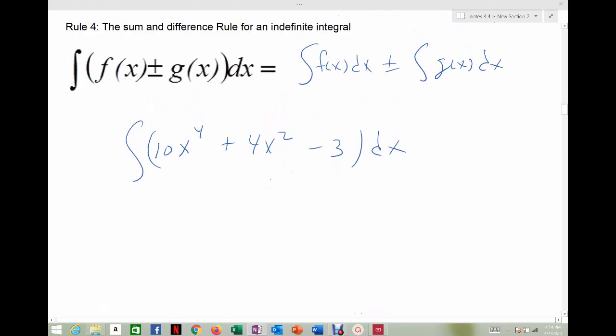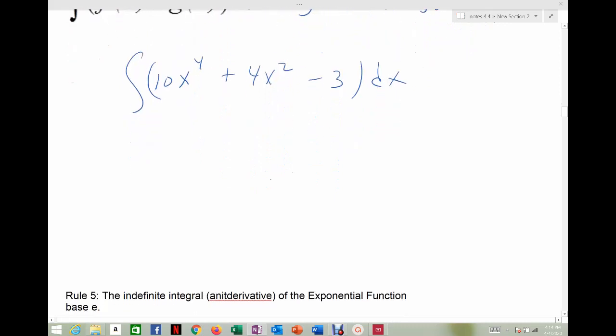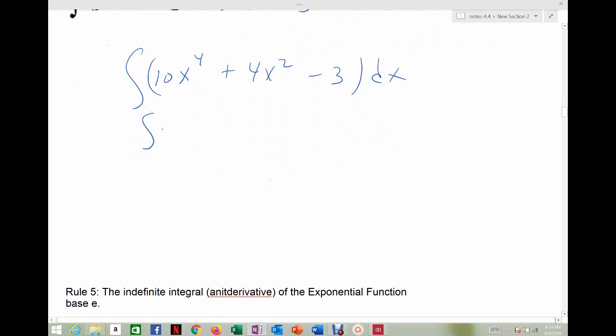I'm not going to rewrite the symbols, although technically that is what you're doing. Maybe I will just to show you. I'm taking the antiderivative of each individual part. But usually this is a mental step. I know that's what I'm doing: the antiderivative of each individual function and then adding and subtracting accordingly.